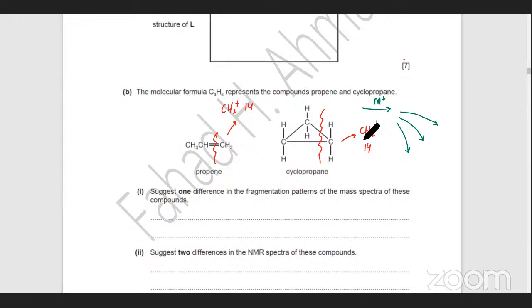Yes, sir. Okay, now tell me the difference: what's the one difference? They're just asking for one difference. What is the mass of the particle that can exist over here but not over here? Like 14 can exist on both sides.